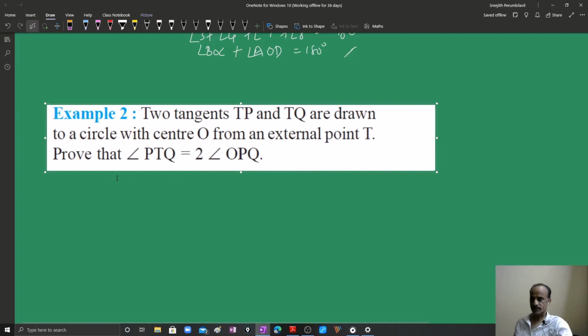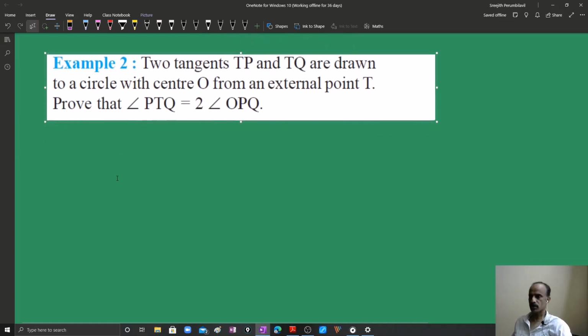Two tangents TP and TQ are drawn to a circle with center O. The figure is not given as part of the question, so we will draw the figure and try.